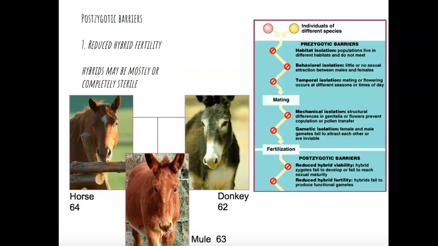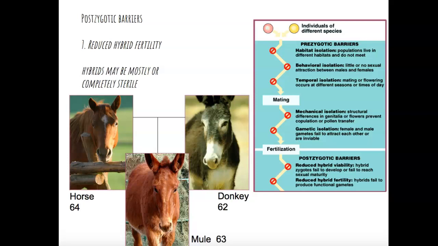Another type of postzygotic barrier is called reduced hybrid fertility, which is where the parents are able to get together and they create an offspring that actually survives the embryonic stage and becomes an actual living adult or juvenile of their species. A very well-known example of this is where we have the offspring of a horse and a donkey, and they create a mule. The problem here is that horses have 64 chromosomes and donkeys have 62.